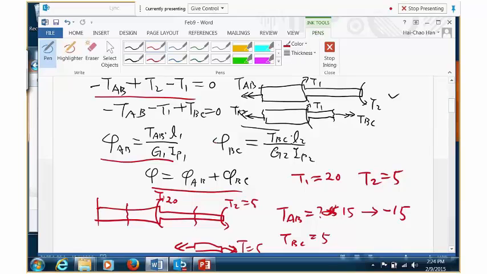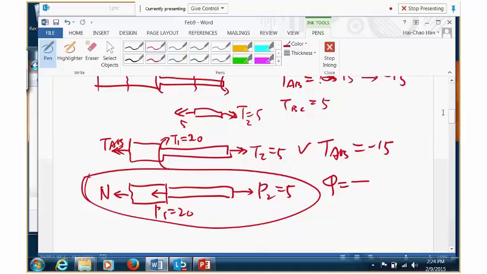Now, how do you add them together? In this case, TAB, so here you should have negative 15 times L1 over G1 IP1, and then the other one plus TBC. So that's 5 times L2 over G2 IP2, right?